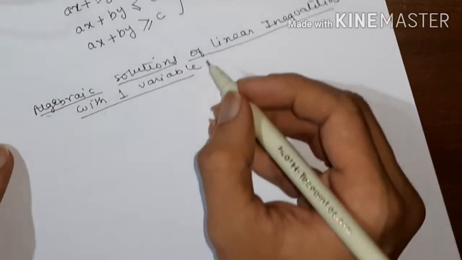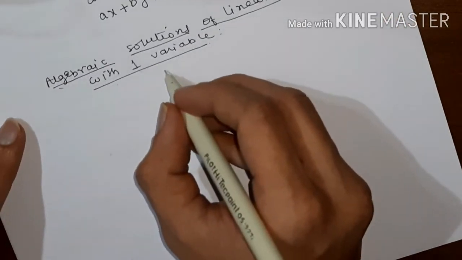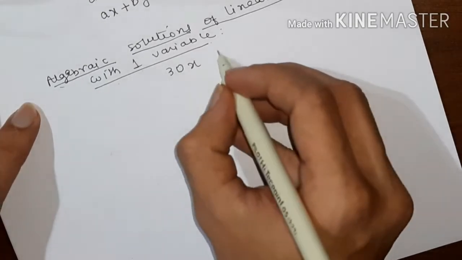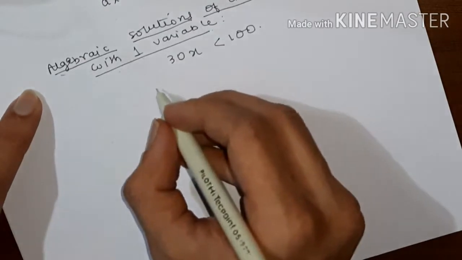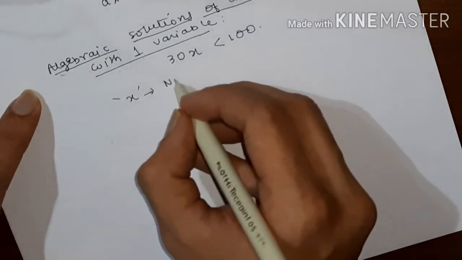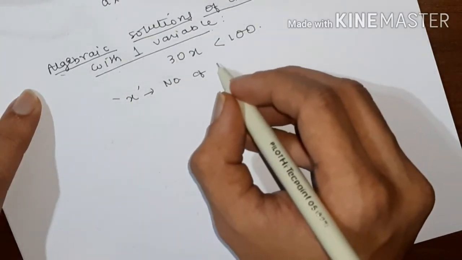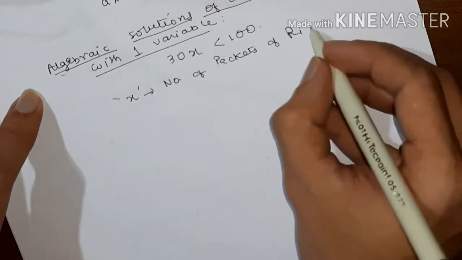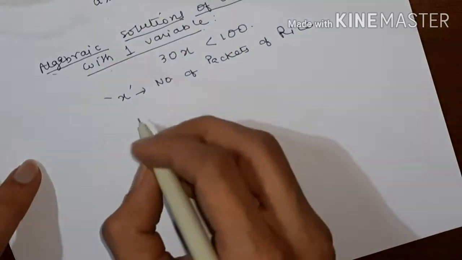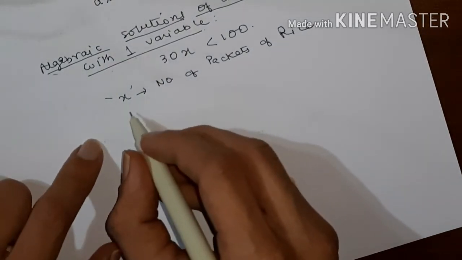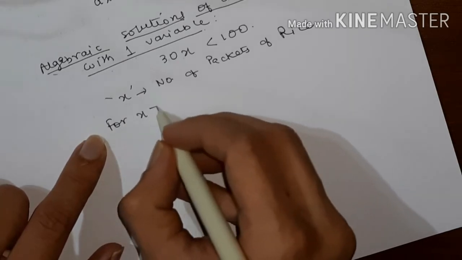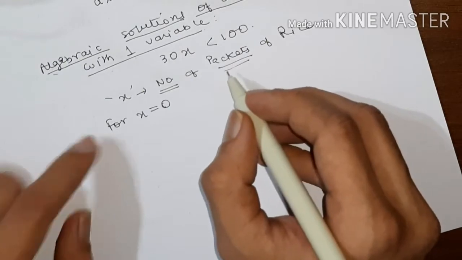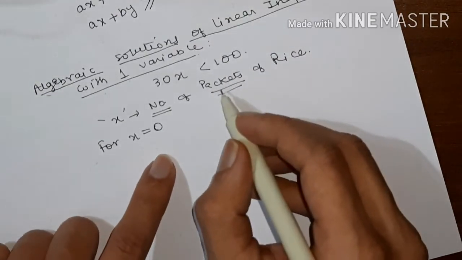Now see, suppose you have this inequality. Let us say you have 30x less than 100, where x is the number of packets of rice. Because you have number of packets of rice, you know that the number of packets cannot be negative.